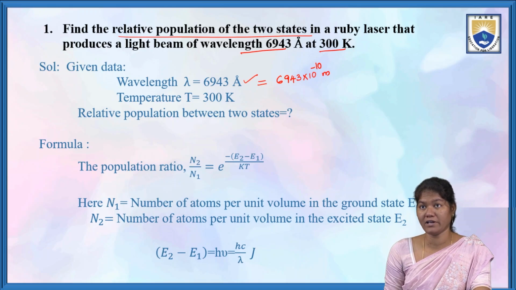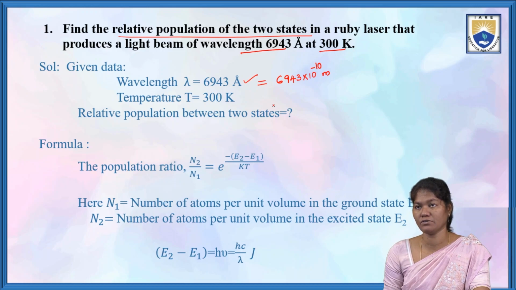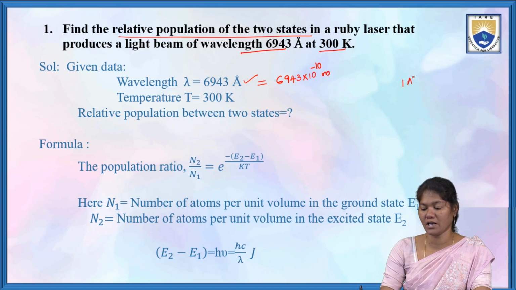Wavelength has been given in angstroms, and we are going to convert it into meters. 1 angstrom is equal to 10 power minus 10 meters, as 1 angstrom is equal to 10 power minus 8 centimeters.